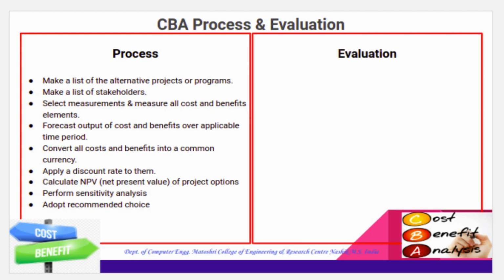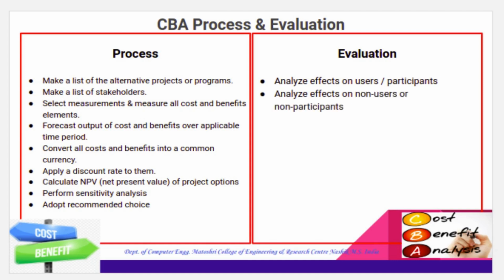CBA evaluation tries to calculate the positive or negative penalty of a project that includes analyzing the effect on users or participants, then analyzing the effect on non-users or non-participants, analyzing external effects, and finally analyzing option values. In CBA, costs and benefits are expressed in monetary terms and they are adjusted for the time value of money.